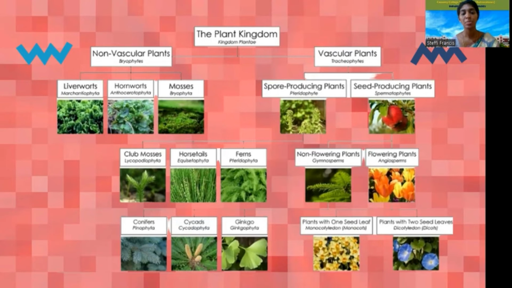The spore producing plants are divided into club mosses, horsetails and ferns, whereas the seed producing plants are divided into non-flowering plants and flowering plants. The non-flowering plants are further divided into conifers, cycads and ginkgo. The flowering plants are divided into plants with one seed and plants with two seeds.